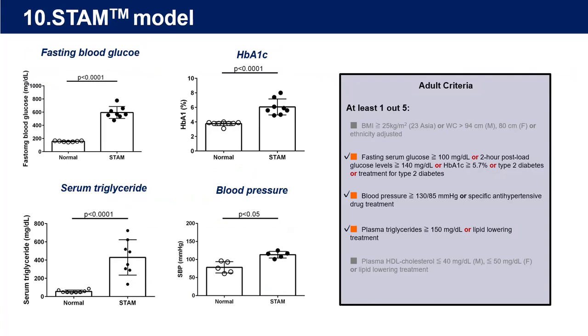As shown on the slide, the STEM model meets the criteria for the following parameters: fasting blood glucose, hemoglobin A1C, serum triglycerides, and blood pressure. In other words, we can see that the STEM model reproduces multiple metabolic abnormalities, including glucose metabolism, lipid metabolism, and blood pressure, within the cardiometabolic criteria.